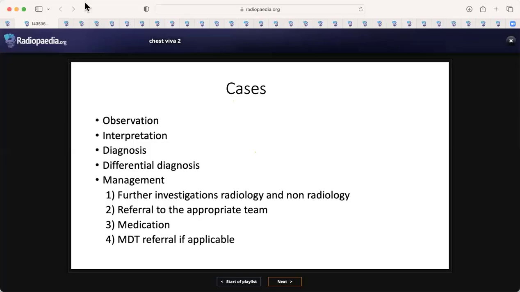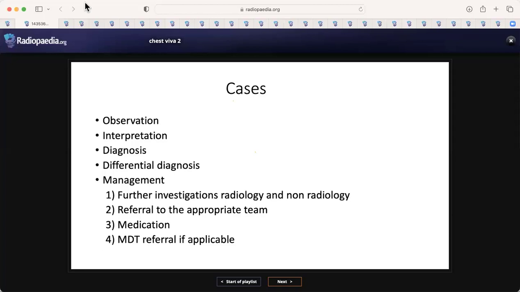A case in radiology. We usually start with observation, then do our interpretation, mention our main diagnosis and our differential diagnosis, and touch on the management. For management, we need to suggest any further investigations needed in the case, both radiology and non-radiology, and refer to the appropriate team.